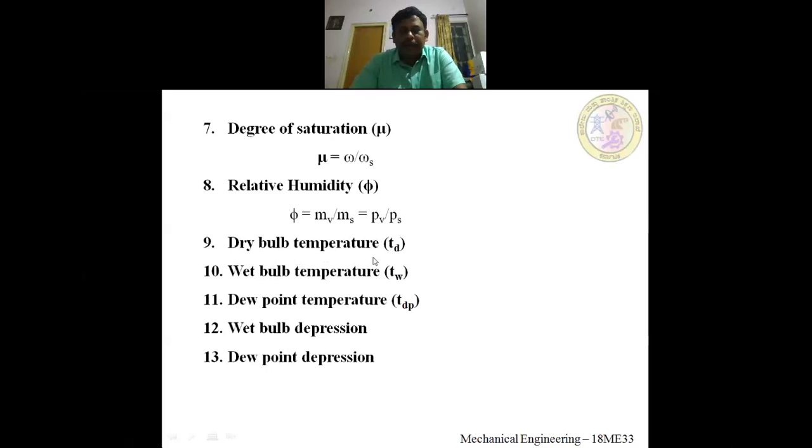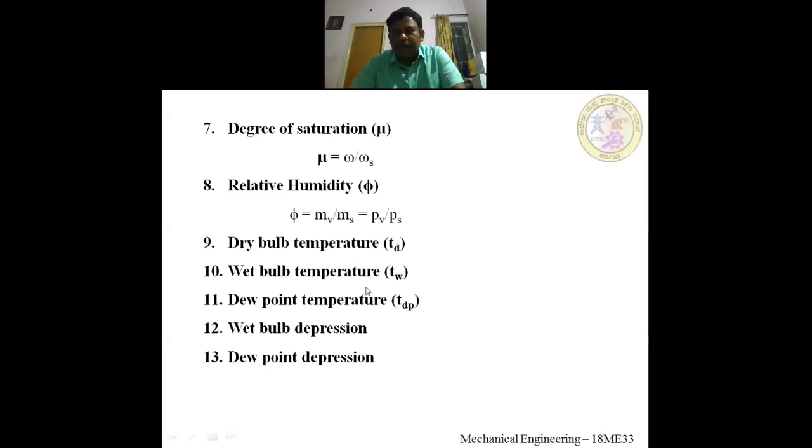Next, dry bulb temperature. It is represented by the symbol T suffix d. Small t d represents dry bulb temperature. It is the temperature recorded by an ordinary thermometer where its bulb is not affected by the moisture present in the air.